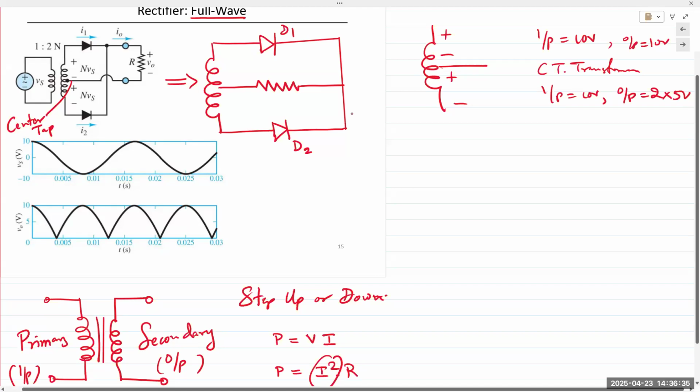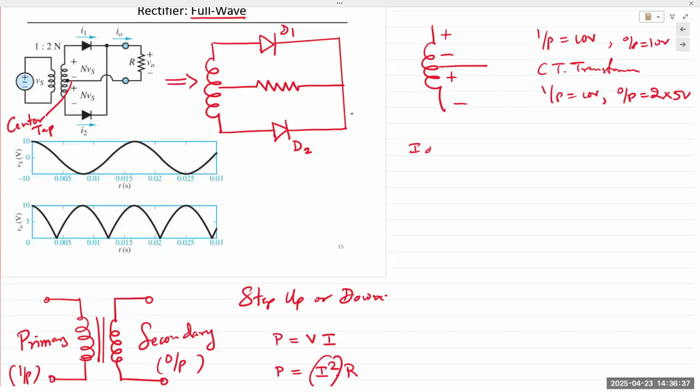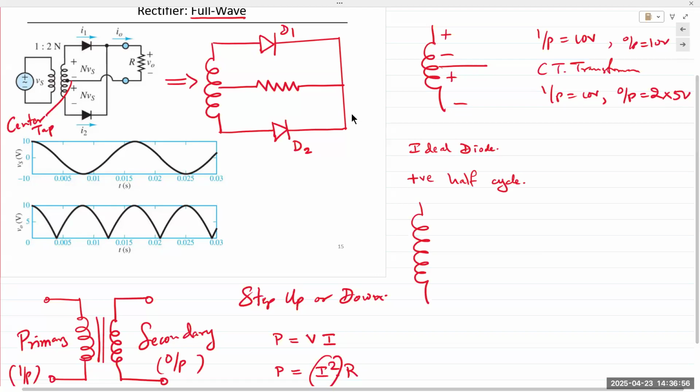Operation is not difficult. So again, we'll use the ideal diode model. In the positive half cycle, the transformer can be represented like this.